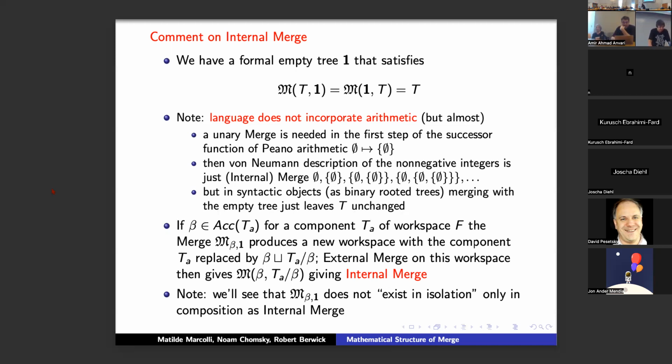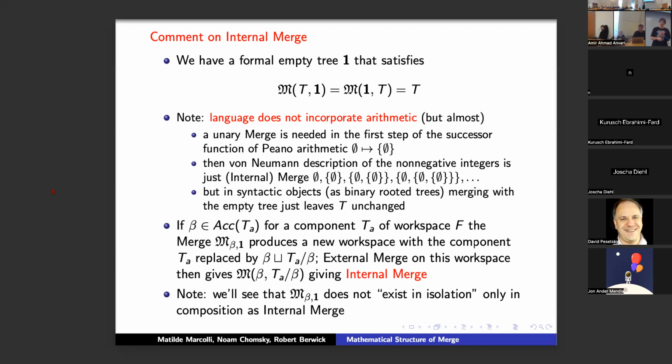Okay, so what do you do when you do internal merge here? You do basically two operations, right? You first consider a merge where you take one accessible term and this unit. And what does that do for you if you apply this list of operations that I just gave you?